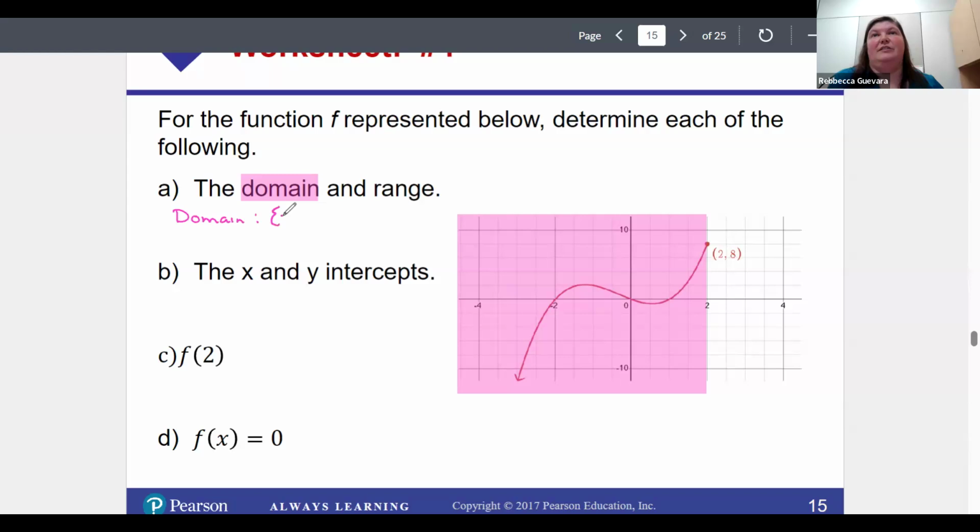So domain is x such that x has to be, we're going in a negative direction, right? So this has to be values of x that are less than or equal to 2. Or you could have said, at the very least, it's minus infinity. At the very most, it's going to be 2, and that includes it.